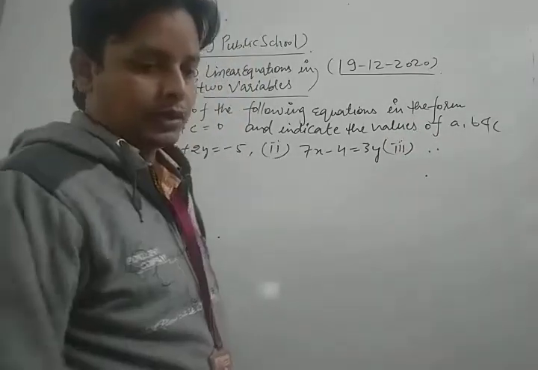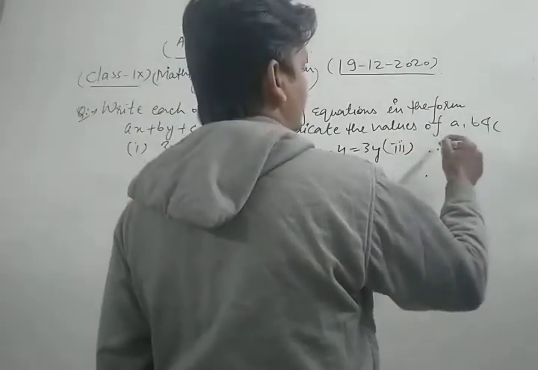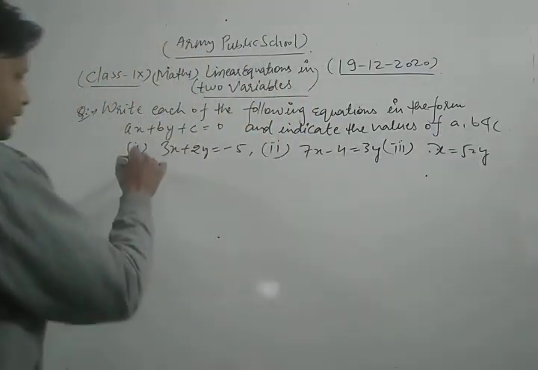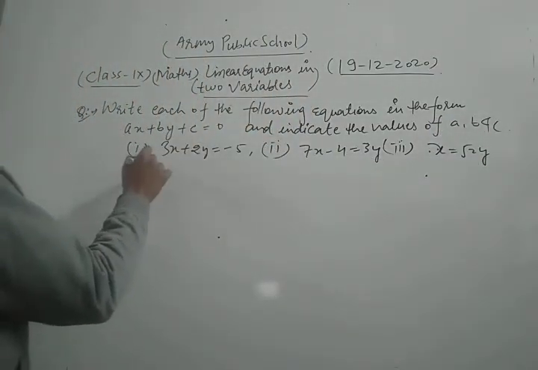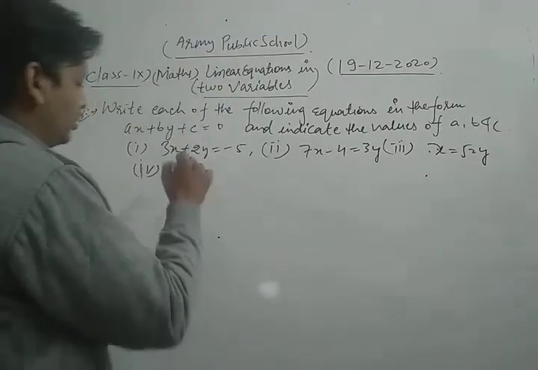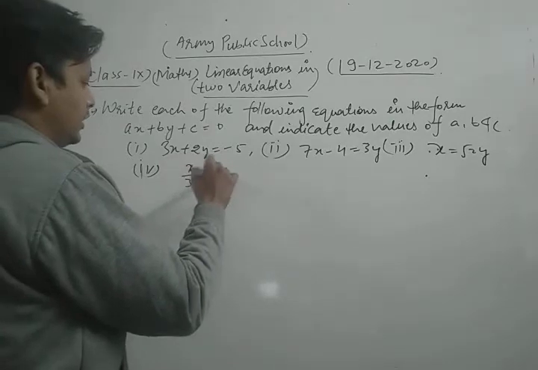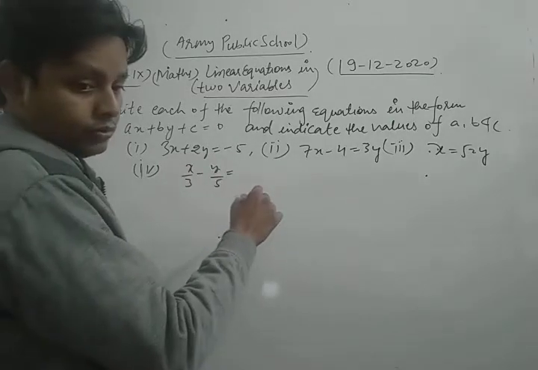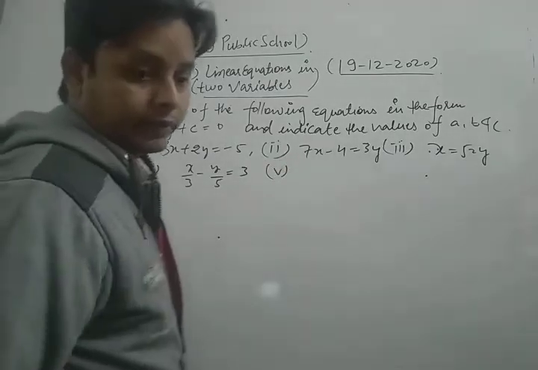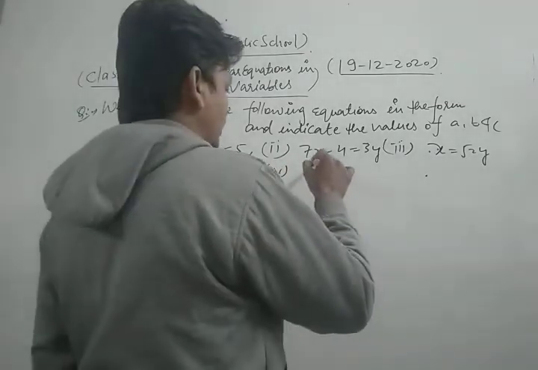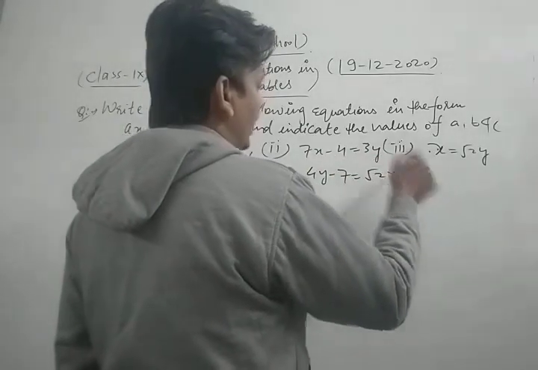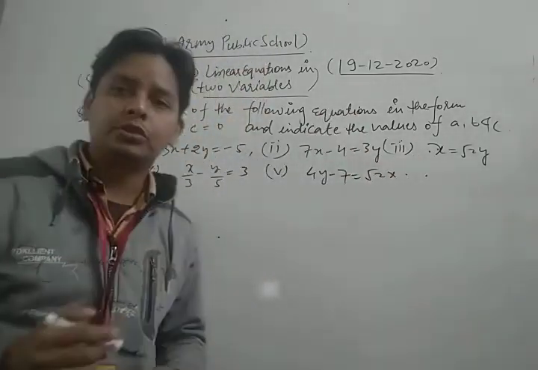Third one: x is equal to root 2 y. Fourth equation: x upon 3 minus y upon 5 is equal to 3. And last one, fifth: 4y minus 7 is equal to root 2 into x. So this is the question here.